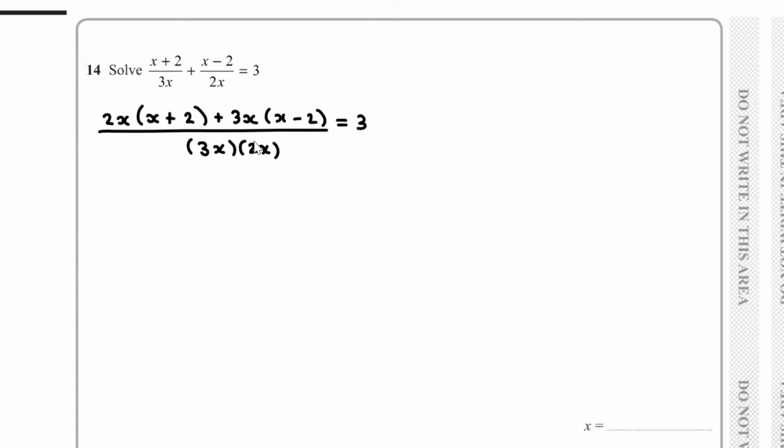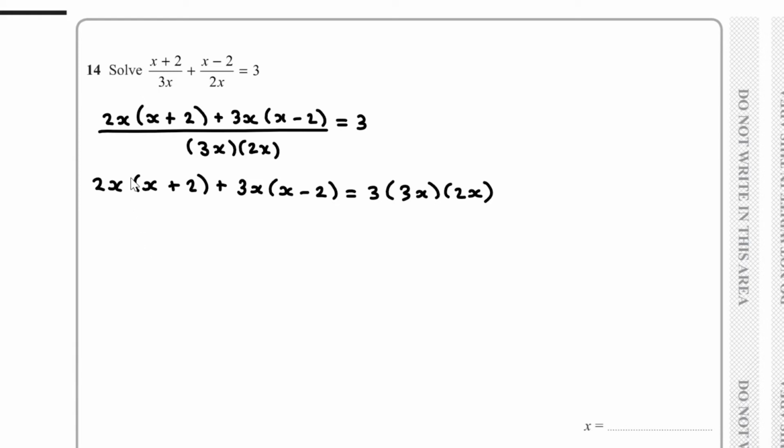If we now multiply through by the 3x and the 2x, we would have 2x lots of (x plus 2) plus 3x lots of (x minus 2) equaling 3 lots of 3x lots of 2x.